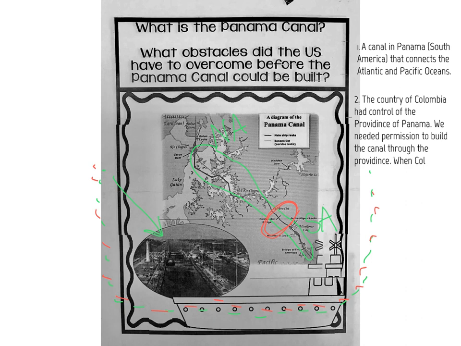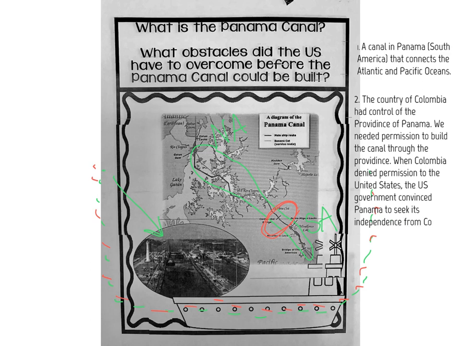When Colombia denied permission to the United States, the U.S. government convinced Panama to seek its independence from Colombia.